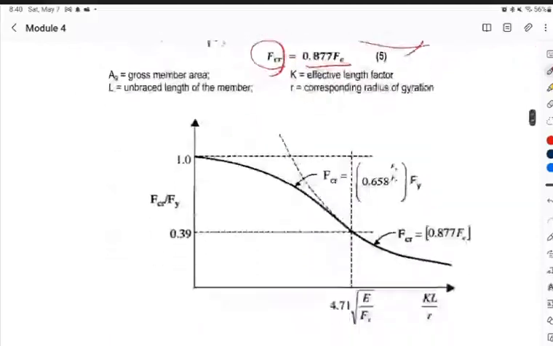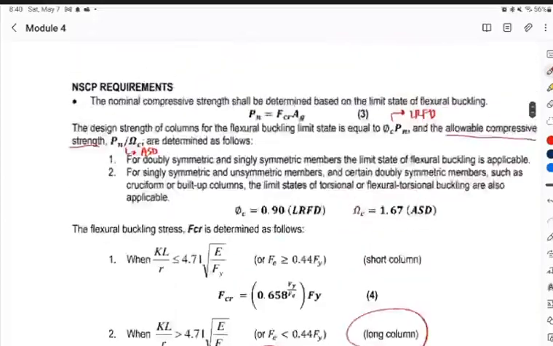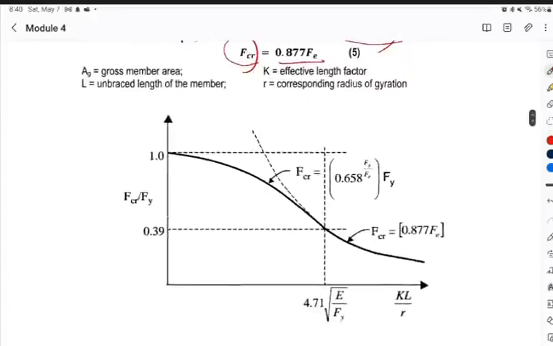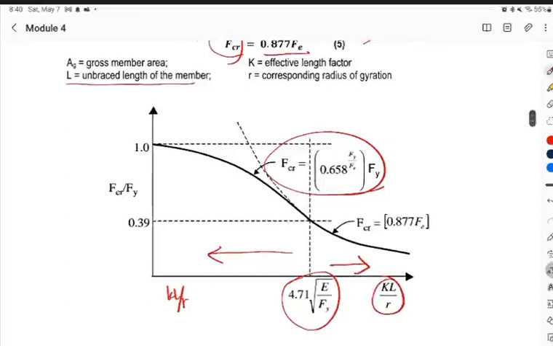Okay, so here guys is, ayan. L, ito pala yun. Unbraced length yung L. So if your KL over R is less than or equal to 4.71 square root of E over Fy, you're going to use this for the critical buckling stress. Now, if KL over R is greater than 4.71 square root of E over Fy, ito na yung gagamitin natin.